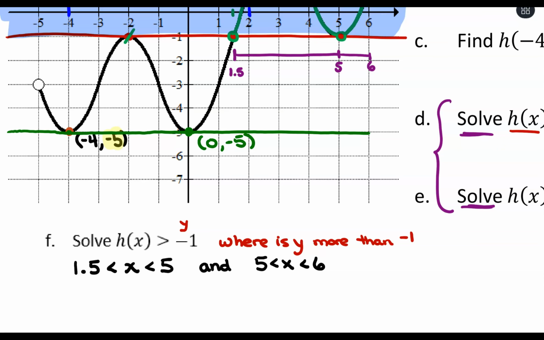Notation that we're going to use in the next video, just to give us a little glimpse, is we could talk about an interval 1.5 to 5, and then I would use parentheses to show I'm not including those endpoints, and use a U for union, and then we would go from 5 to 6, again using parentheses.